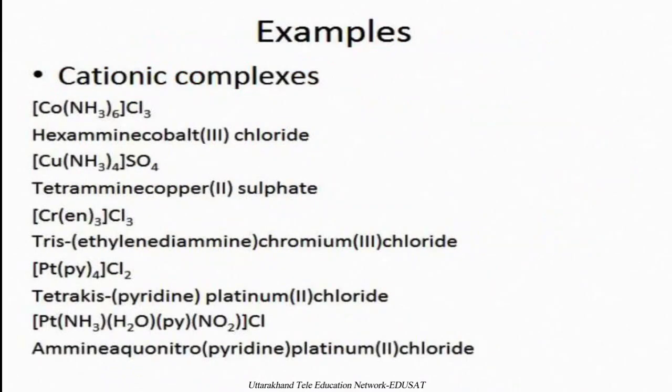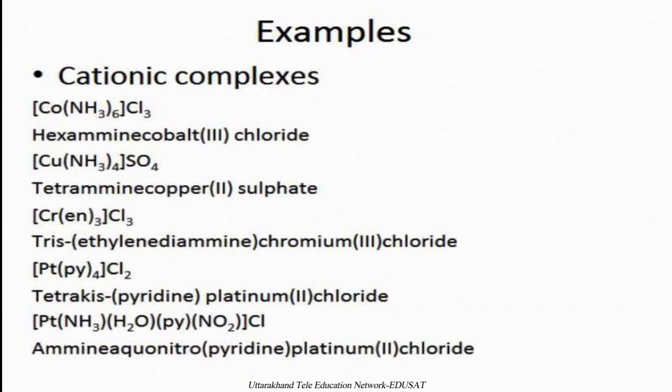Here are some examples of cationic complexes. It is Co(NH3)6. Outside the coordination sphere we have 3 chloride ions as the primary valency. It should be named hexaammine because the ligand is named first.